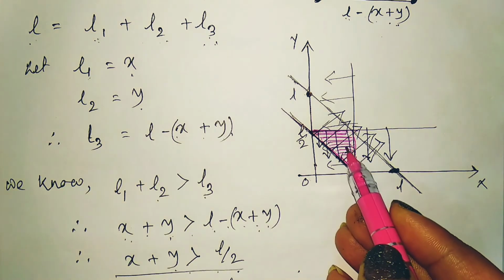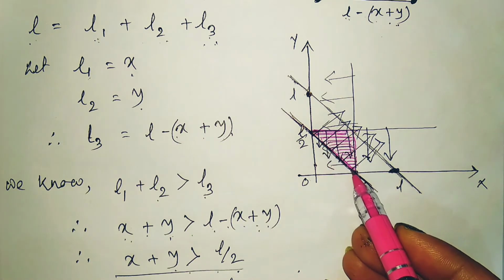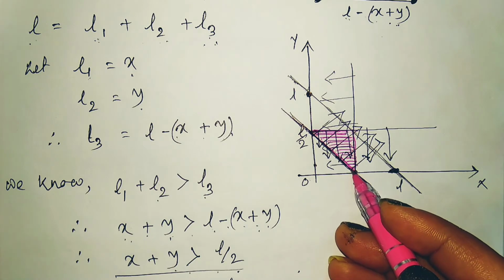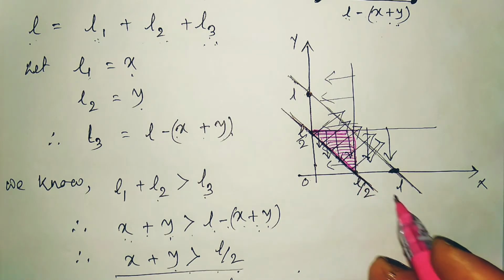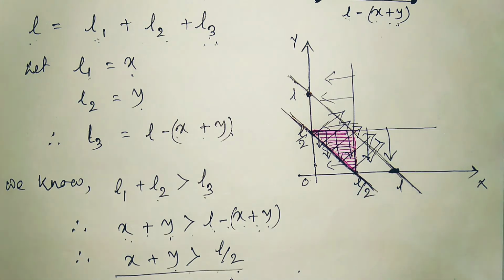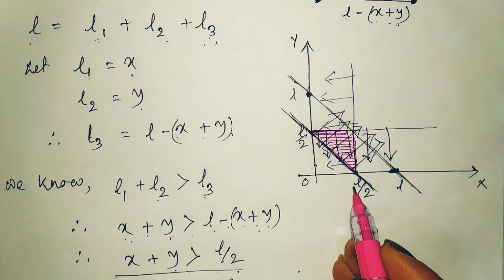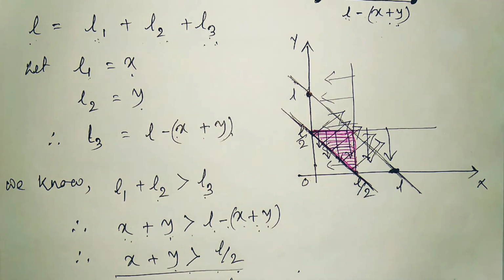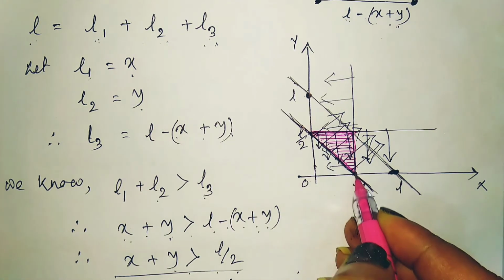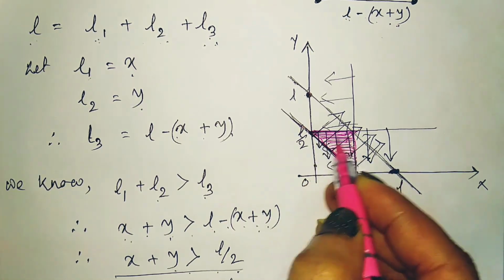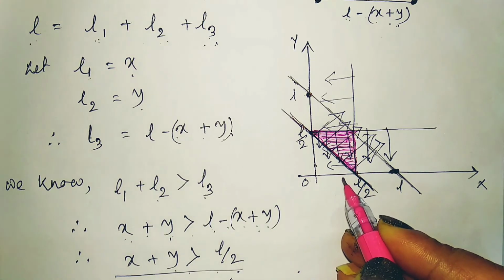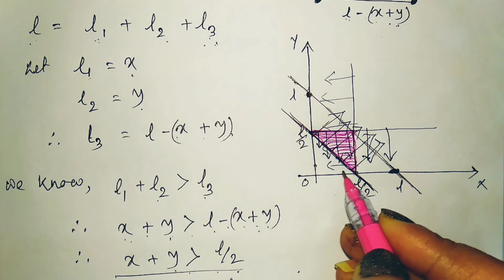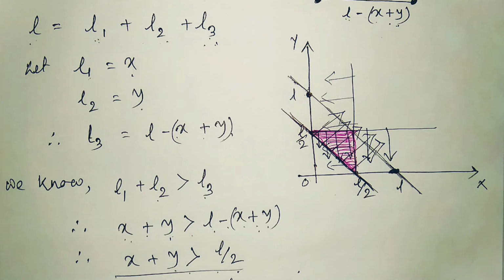If the lengths lie inside this triangle, then we can say the triangle will be formed by the three pieces, otherwise not. Again here, that means the favorable cases are here. If the values lie inside this triangle, then it is a favorable case that the given wire cut into three pieces will form a triangle.